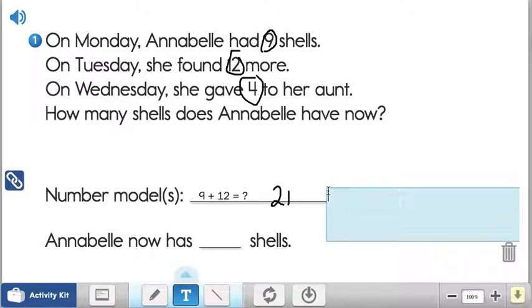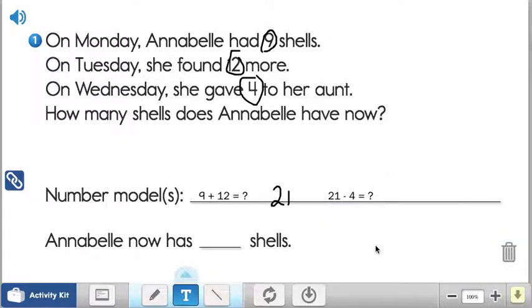So my second step is going to be 21 minus 4 equals question mark because I gave 4 away. I'm losing them. And when I do 21 minus 4, I get 17. So you see I had one step here, adding, and I had another step here, subtracting. It took me 2 steps to figure out this problem.